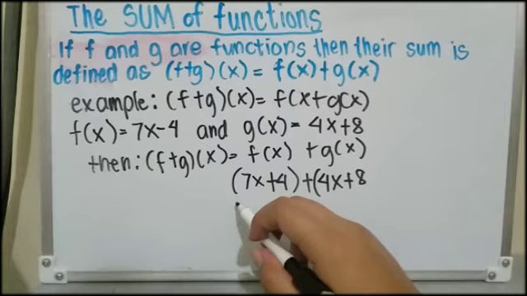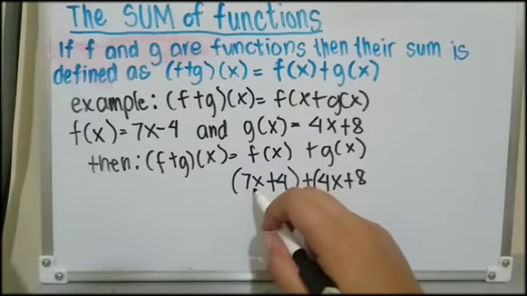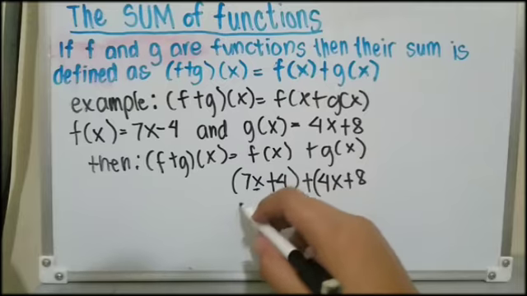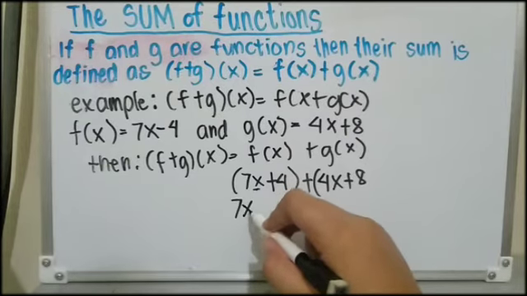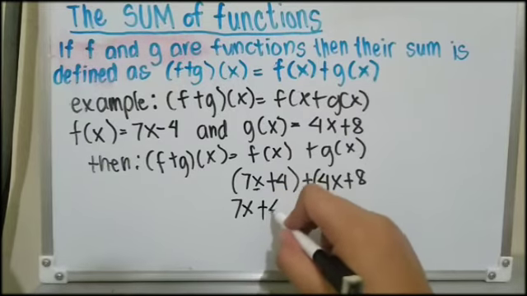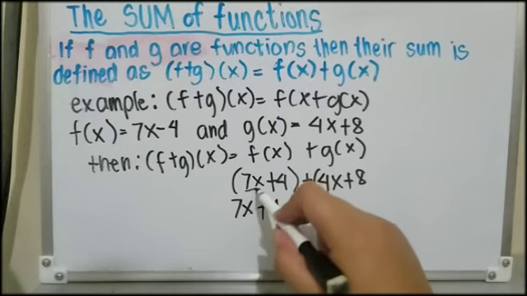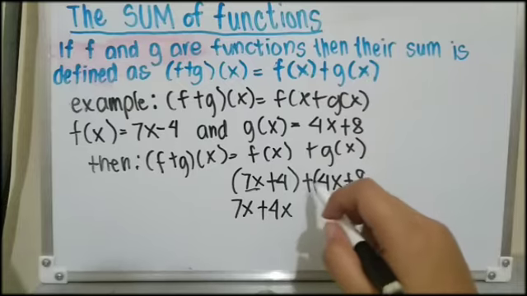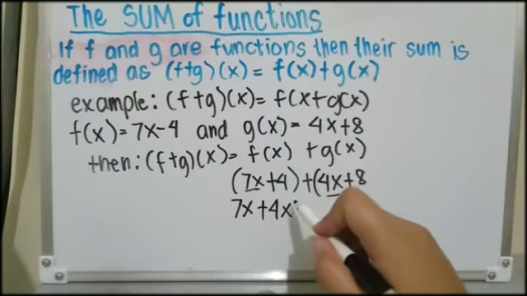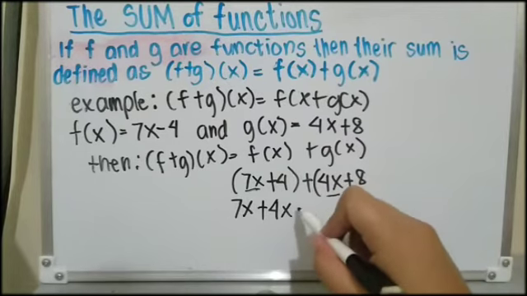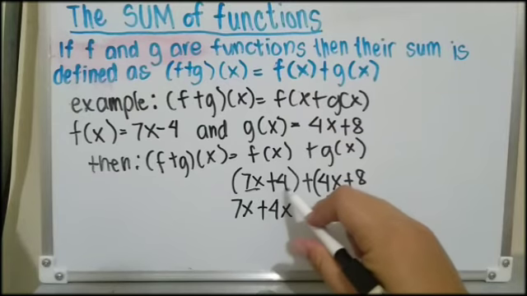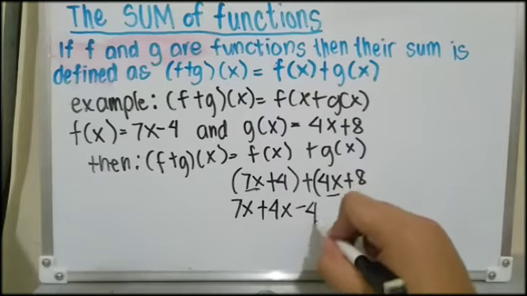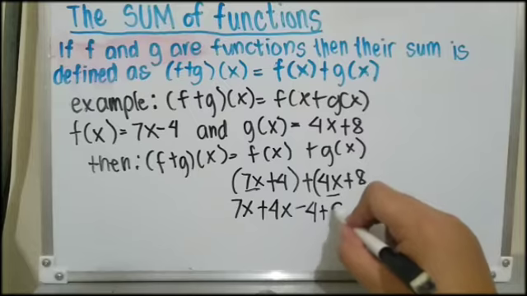So what you're going to do is to put the terms with the same variable together. So 7x plus 4x, this one, and then the 4 stays negative 4, plus 8.